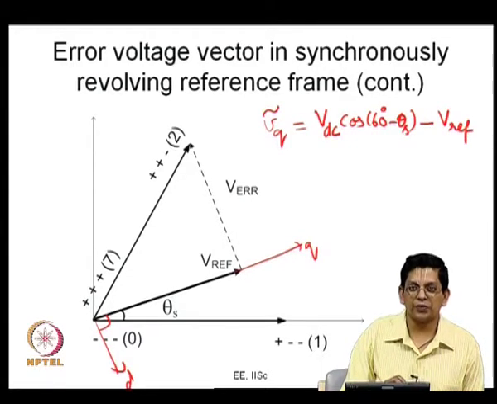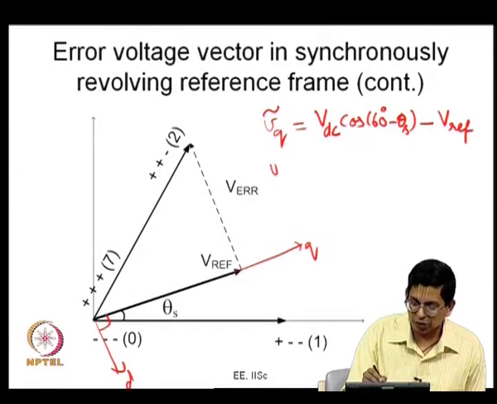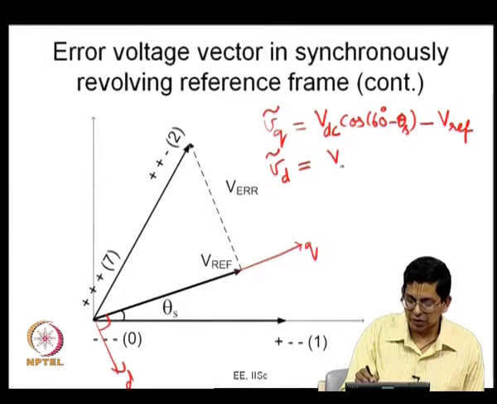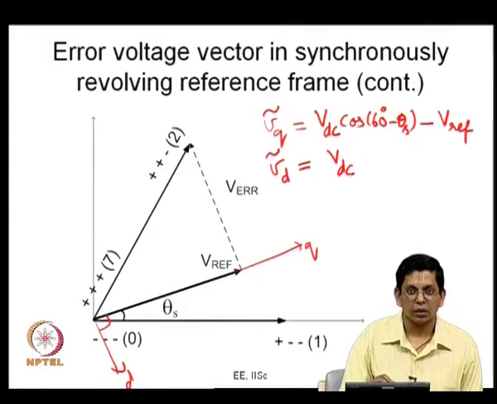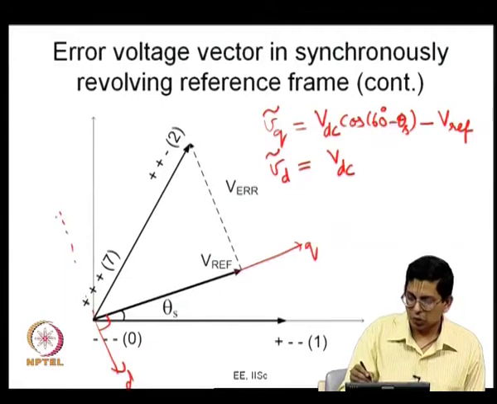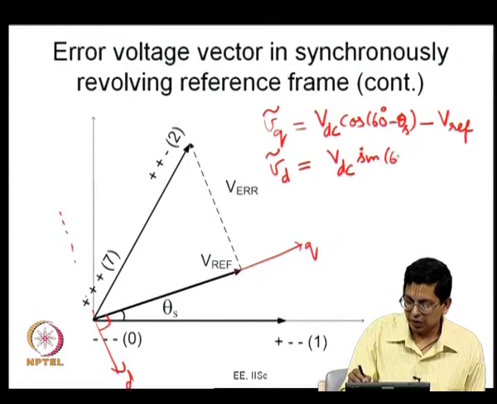So, VQ tilde is VDC cos of 60 minus theta s, minus V reference, and there is also an error voltage component along the D axis. What is that? The applied voltage magnitude is VDC, and it has a component like this. So, that is VDC sine of 60 minus theta s.